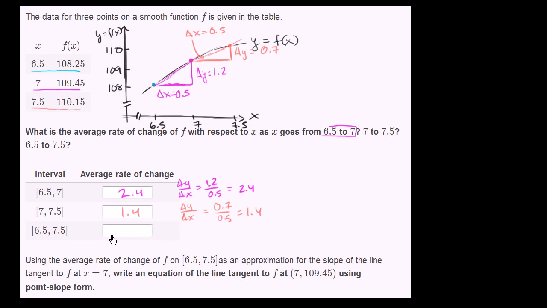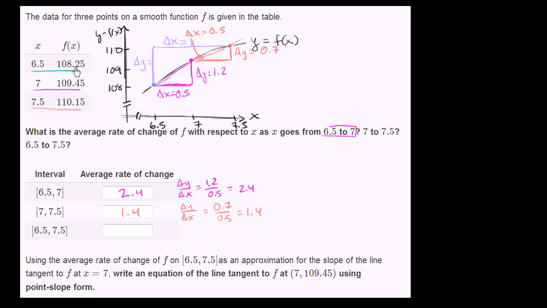And now let's find the average rate of change over this interval, which is the same thing as the slope of the secant line between that point and that point. So let's think about our delta x. Our delta x, we're going from 6.5 to 7.5. So our delta x is equal to 1. And what is our delta y? Our change in y is equal to, let's see, we end up at 110.15.